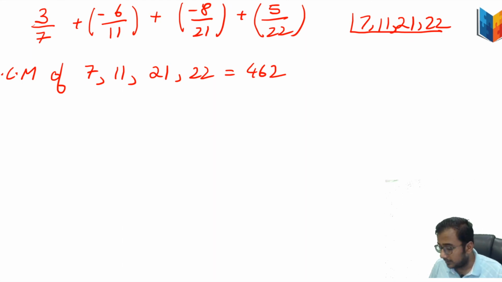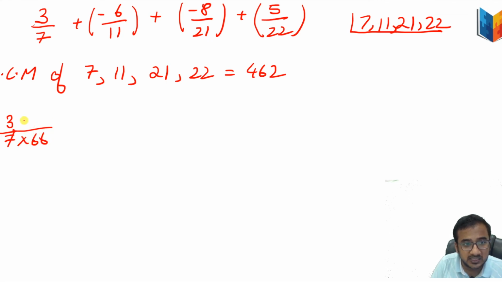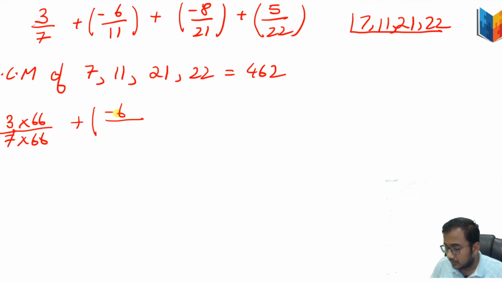So we have to divide. So what will happen? Let us see. 3 by 7, we will multiply with 66, because 66 into 7 is 462, plus I will keep this in brackets minus 6, and it will be 11 into 42.